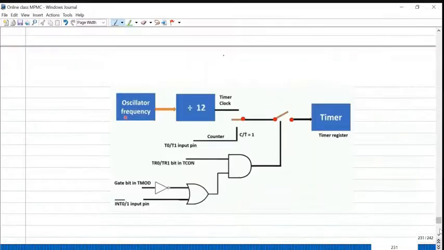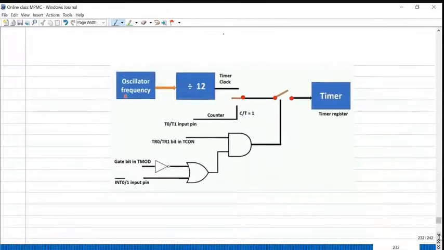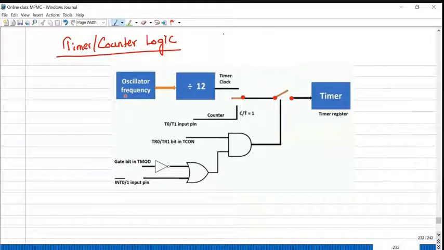Now let's go with timer counter internal logic. This is the circuit present in the 8051 microcontroller, the circuits available for timer 0 and timer 1.